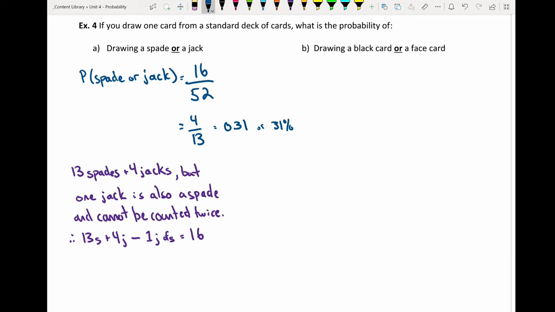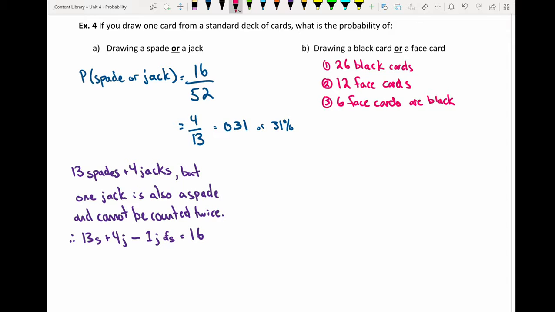For the next example, for B, drawing a black card or a face card. Here we have to think of a couple things first. First, there are 26 black cards because 2 suits are black, so 2 times 13, which is 26. Second, there are 12 face cards in total. But the third thing we have to consider is that 6 face cards are black, and we cannot count them twice.